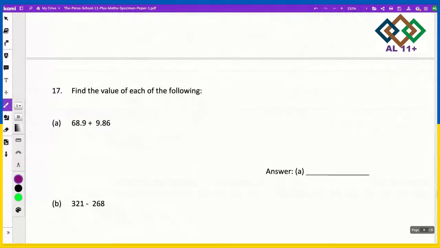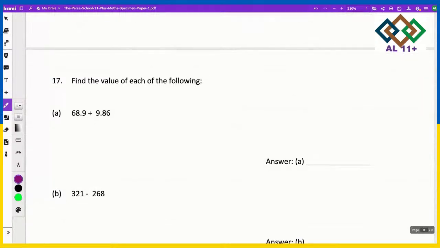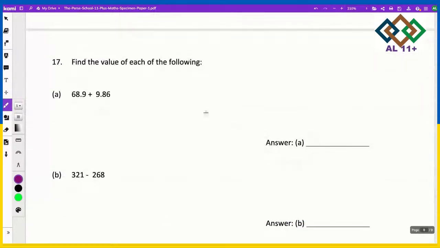Now, easy one. You guys love this. So basically, you're adding. Find the value of each of the following. So you're just adding 68.9 plus 9.86. So when you do that, you will write 68.9, and then you have 9.86. So that you don't get confused, try writing a zero here.